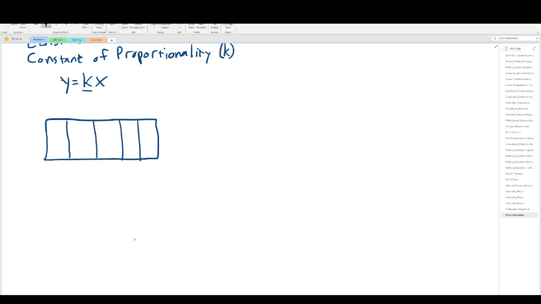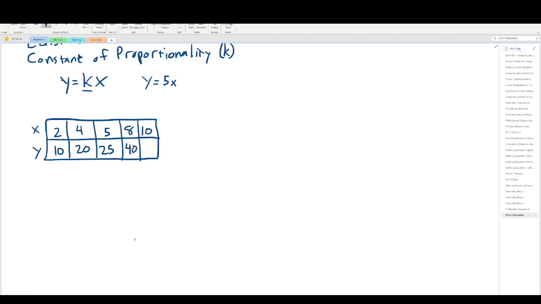Okay, so let's pretend that our equation is y equals 5x, but we don't know that. That's a secret. So if this is our x and our y, we could have a value like 2 going with 10, and 4 going with 20, and then 5 going with 25, and 8 going with 40, and 10 going with 50, right?